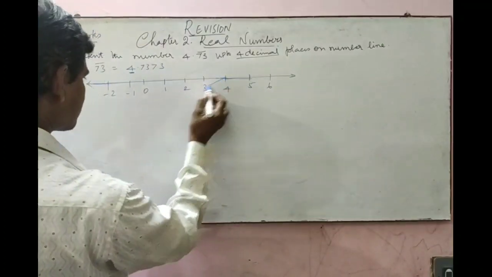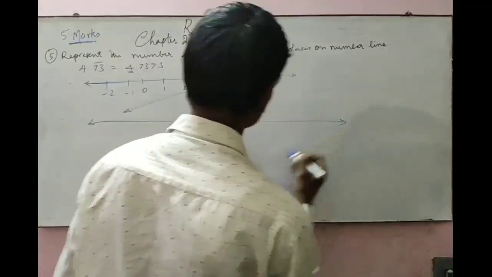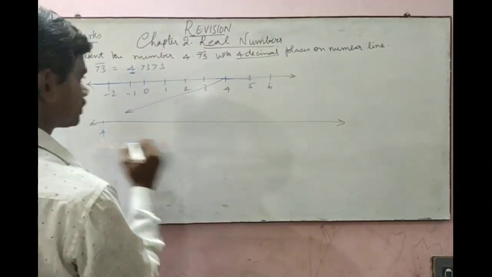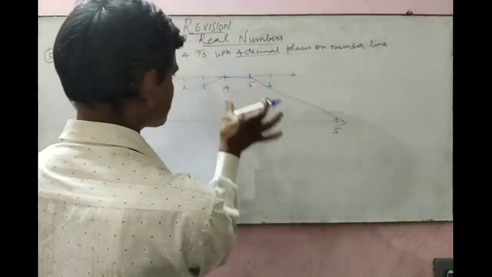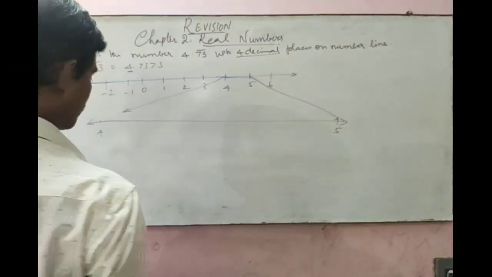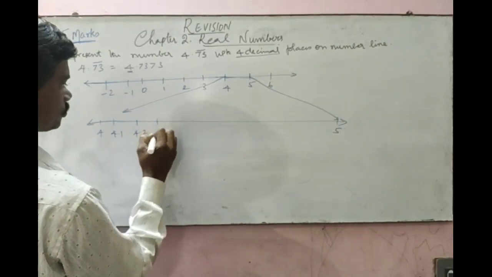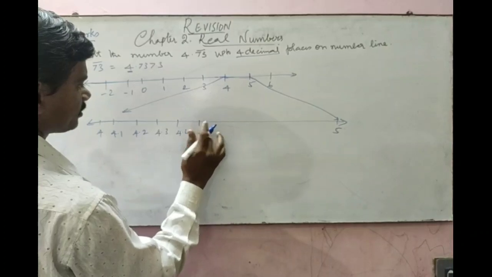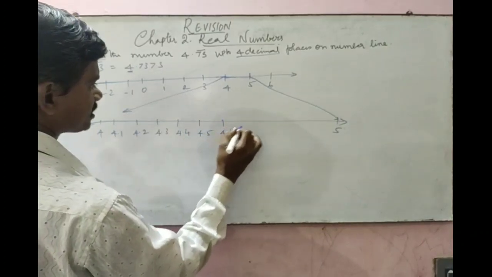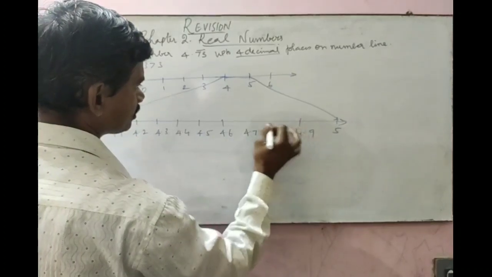I will expand this between 4 and 5, and I will get 4.1, 4.2, 4.3, 4.4, 4.5. Next is 4.6, 4.7, 4.8, 4.9 and 5.